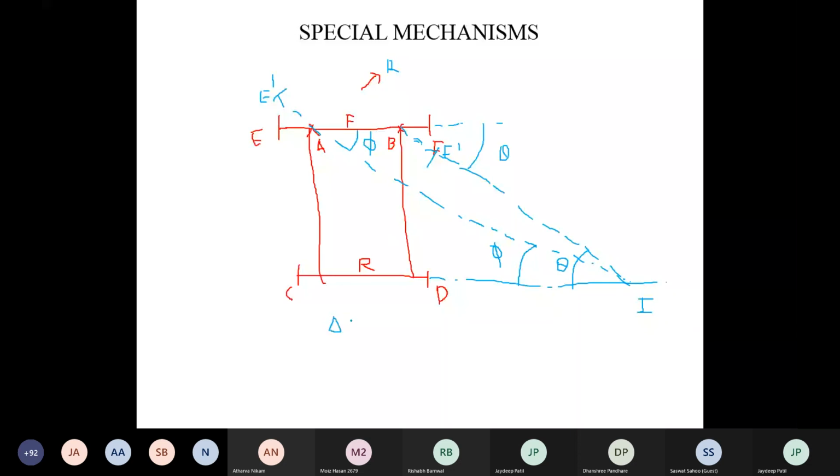Consider triangle IDB and tell me, cot theta is equal to what? Ratio of which sides?